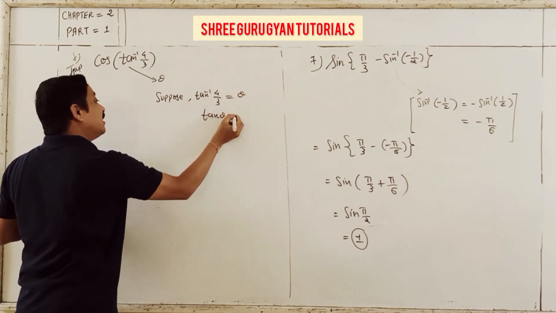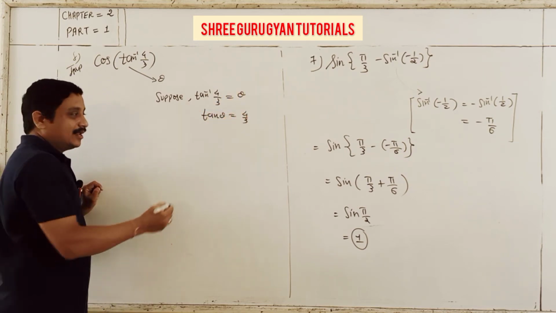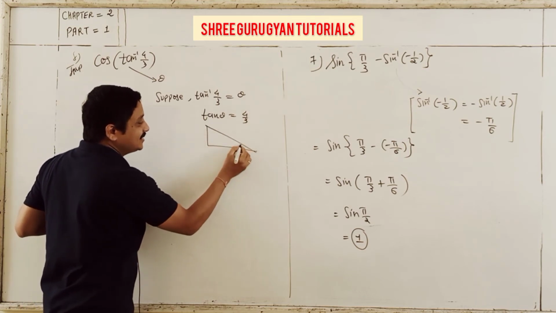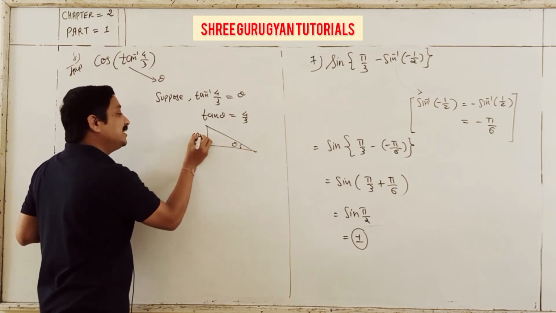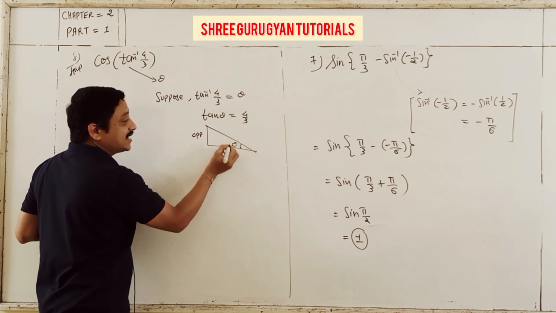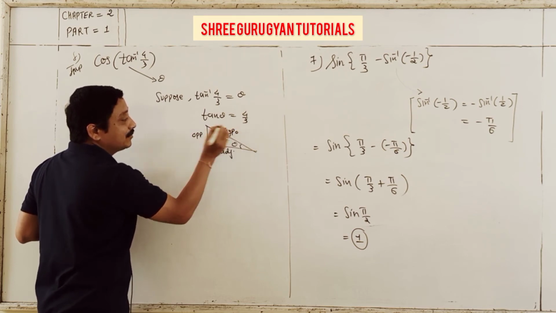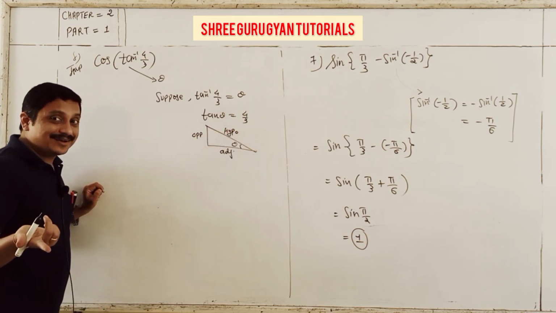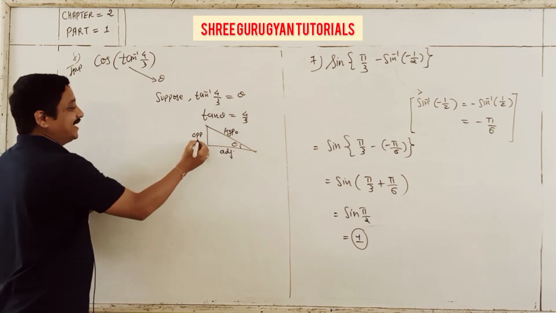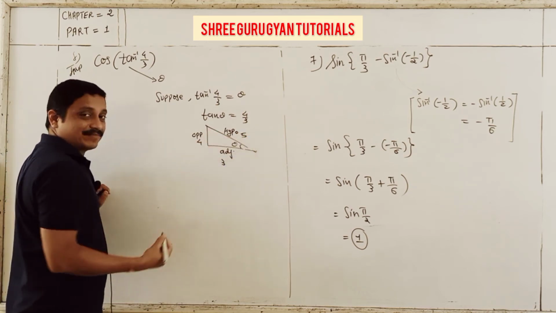Definitely tan theta is 4 by 3. And go to the triangle: theta, opposite, adjacent, hypotenuse. Tan property known: opposite by adjacent. Hypotenuse is 5, making Pythagoras, that is 5.